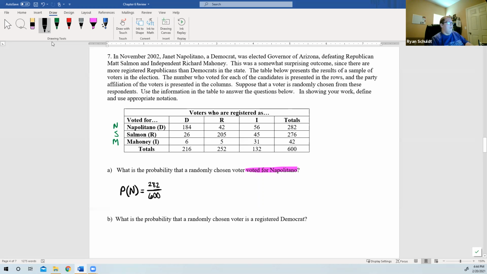Probability of Napolitano is 282 over 600. Which equals, let's see, is that an even number? It is. So 0.47. That's really all there is to that one.